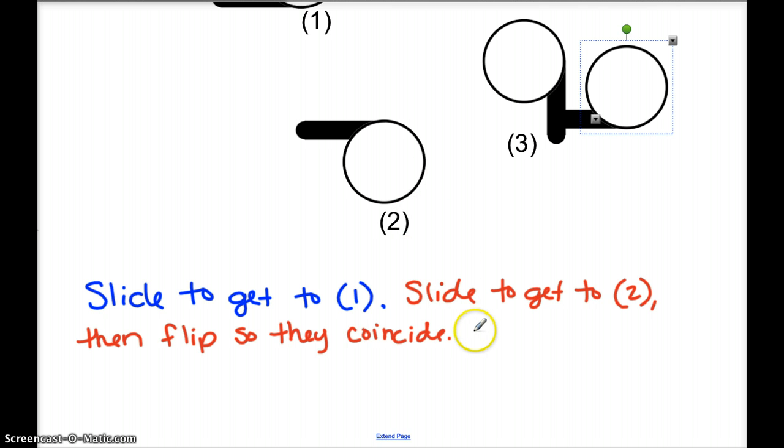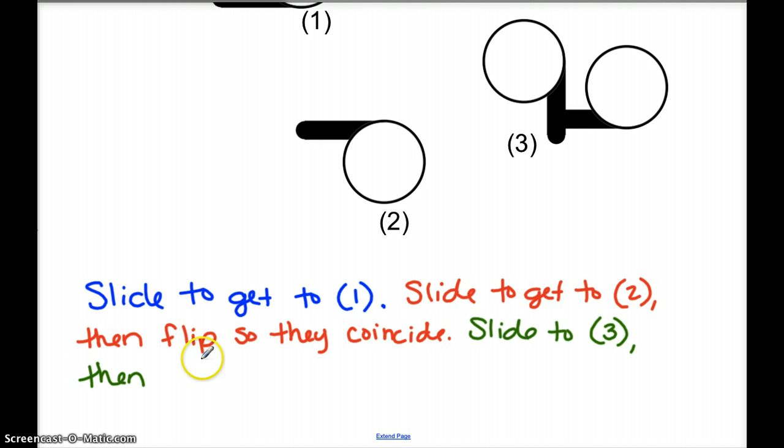So for my description down at the bottom, I'm going to add in that we would need to slide to 3, then turn it so that they coincide. Again, so that they match up perfectly.